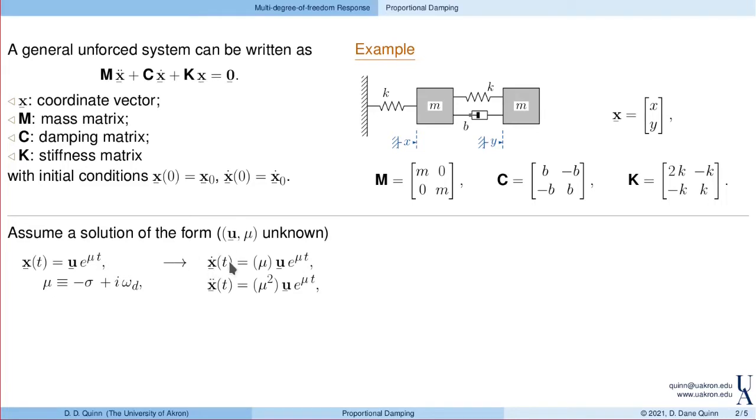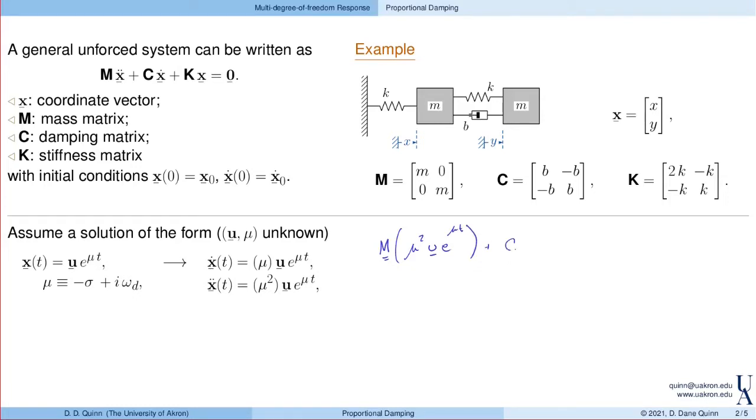So how do we use this? Well, we take the velocity given here, so that's the derivative of x. We take the second derivative of x, the acceleration, and we introduce it back into the equation of motion. So when we do that, we end up with the following. We have the mass matrix here, and then x double dot. Well, that's going to be mu squared times u, this mode vector, and e to the mu t.